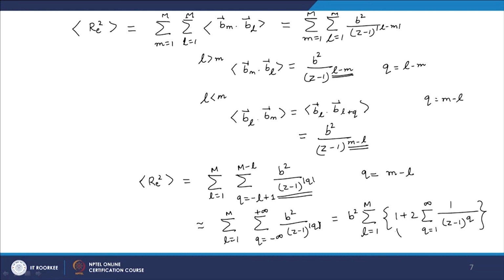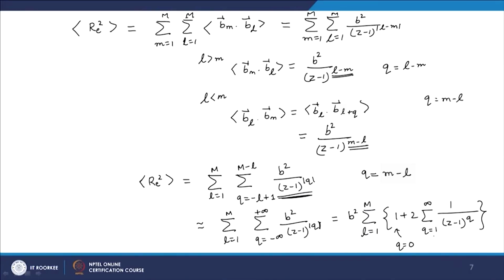So, this will correspond to the case when q is equal to 0. When q is equal to 0, then in that case this term is equal to 1, and when q is equal to a positive number, then we have a series from 1 to infinity. If q is a negative number, I will have the same series, because anyway the power is the absolute value of q. Okay. So, now we can do this kind of a series.